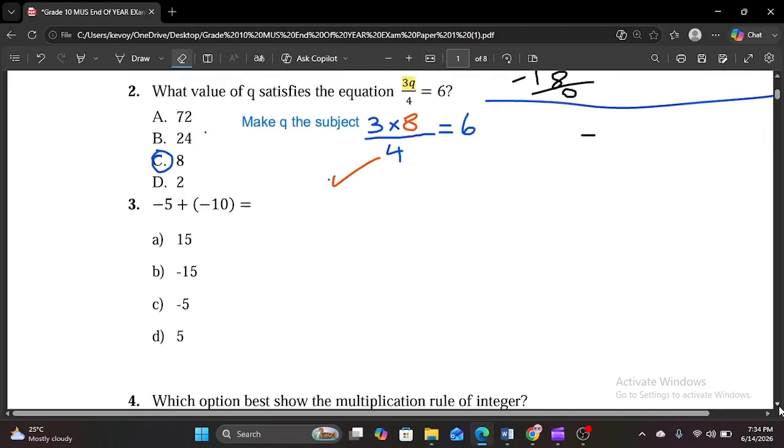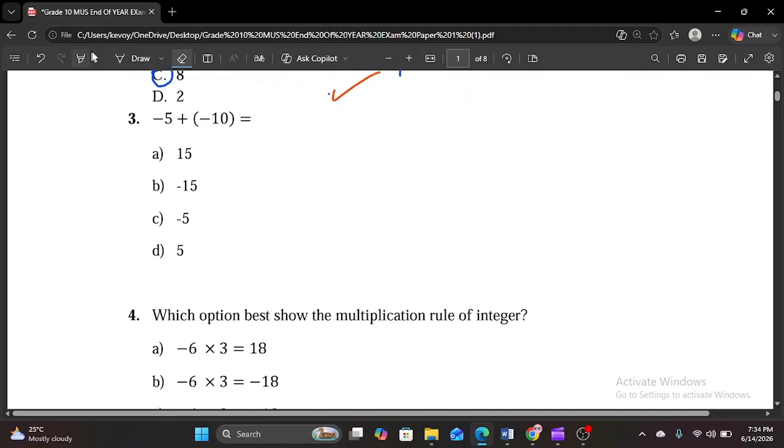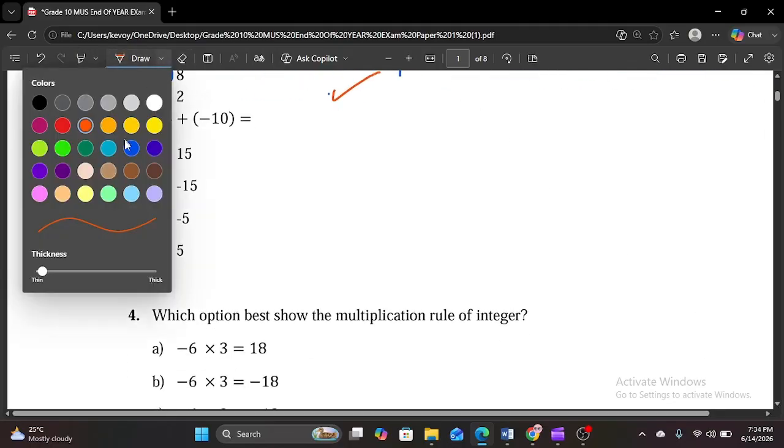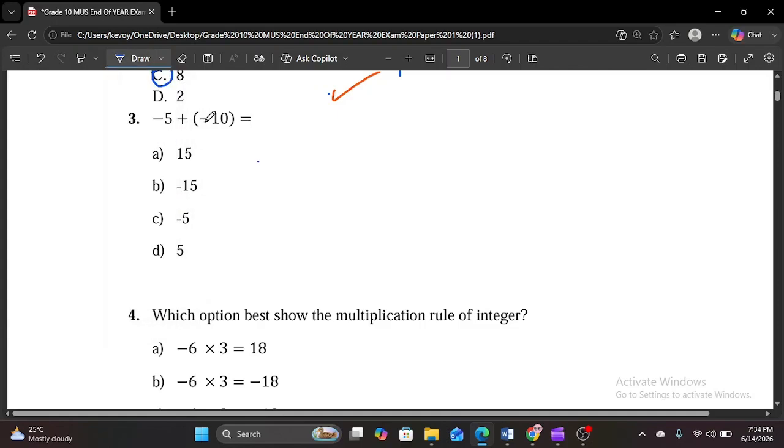All right, so number 3. -5 plus -4 is equal to... I have a video, I think I have a chart, on adding negative numbers.